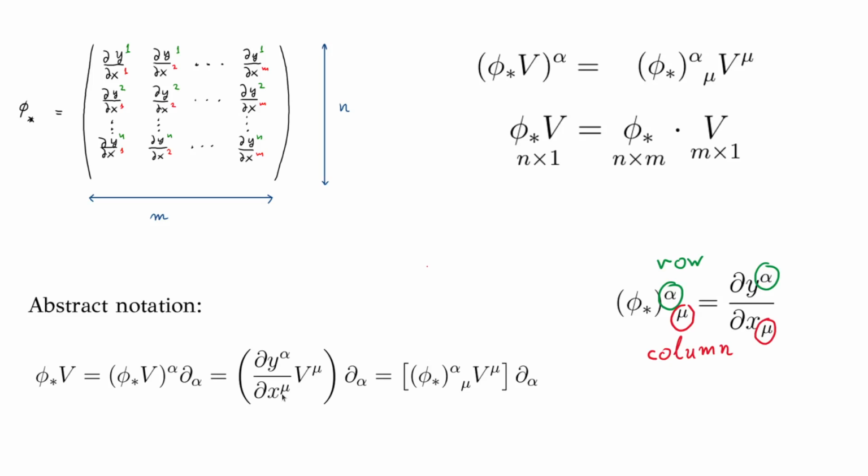But here also the notation can be confusing, since we use phi star v also as the abstract notation for the vector. It should be clear from the context what we use each time.